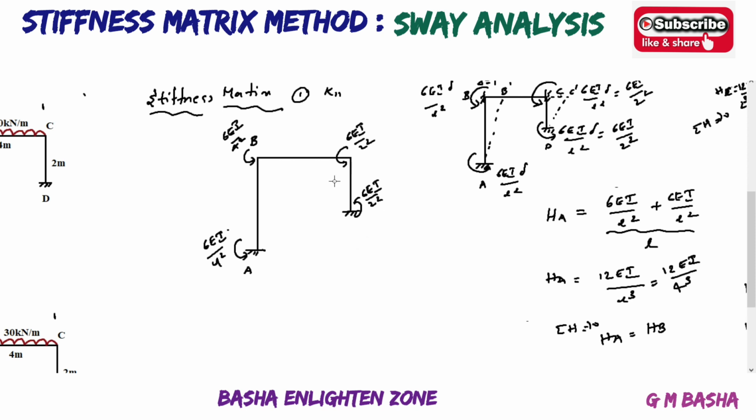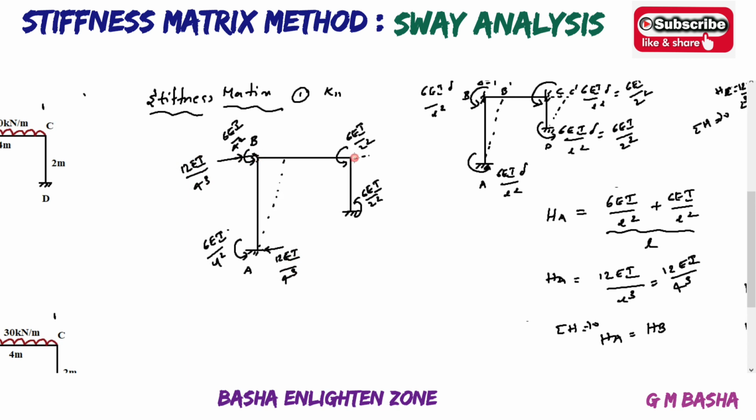Okay. So all these are the moments due to sway. And again, your HA will be equal to 12 EI by 4 cube. Your HB will be equal to, it will be acting here, 12 EI by 4 cube. So we know the sway force will be like this.